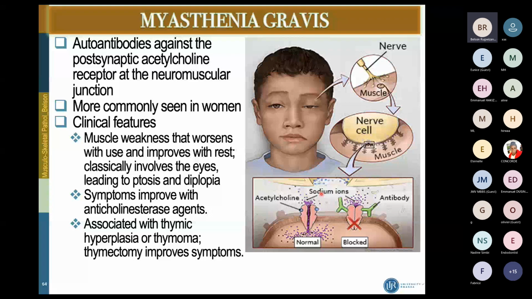So the problem here, as it is explained, is that there are antibodies against the receptors to acetylcholine. And because of that, sodium is there, acetylcholine is there, but its receptor doesn't work. This is what you see here.